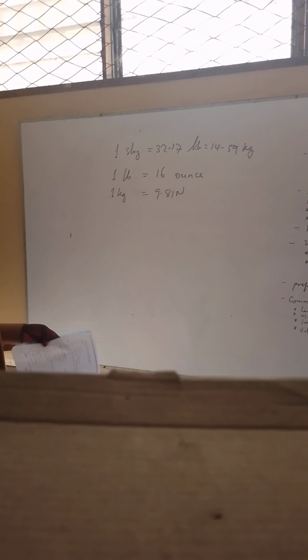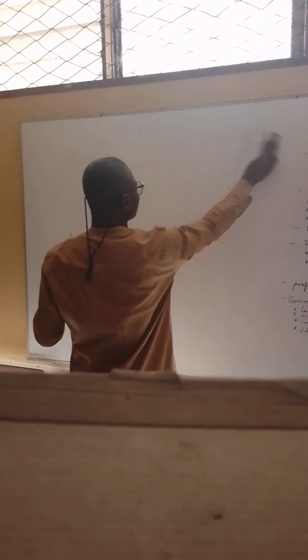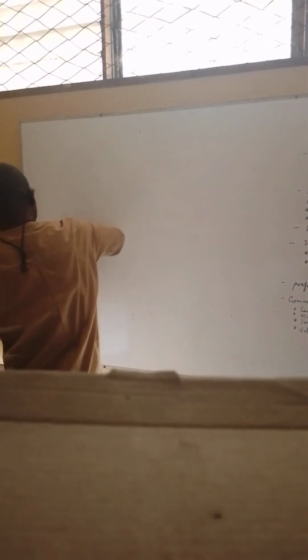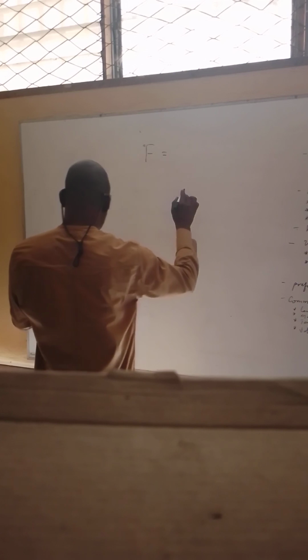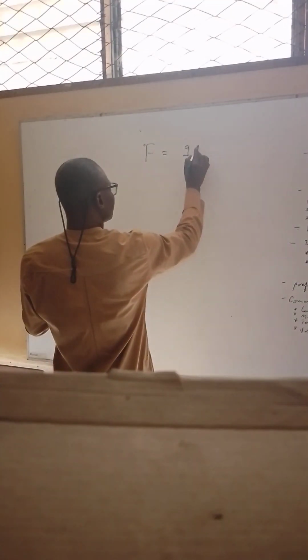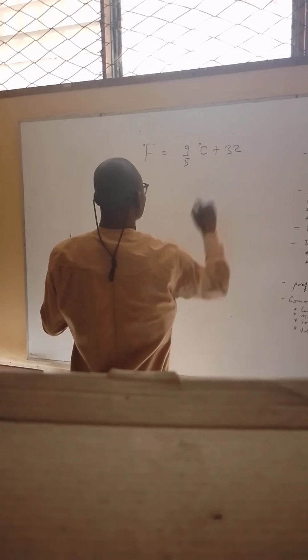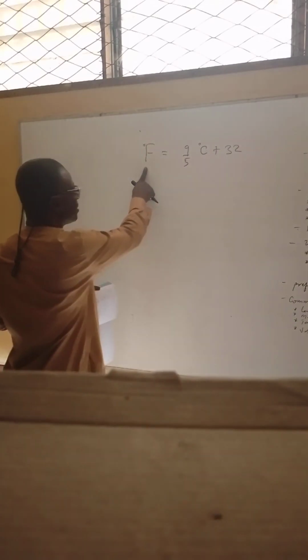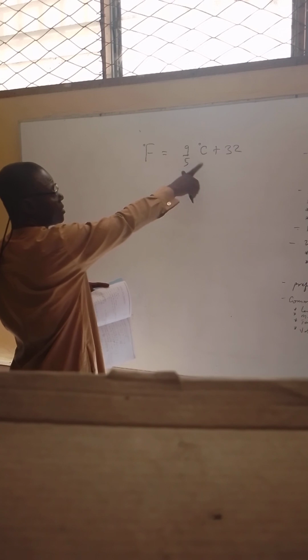Then for the temperature, look at temperature conversion between Fahrenheit and degrees centigrade or Celsius. We have degrees Fahrenheit is given as 9 all over 5 degrees Celsius plus 32. That is converting to degrees Fahrenheit from degrees Celsius.